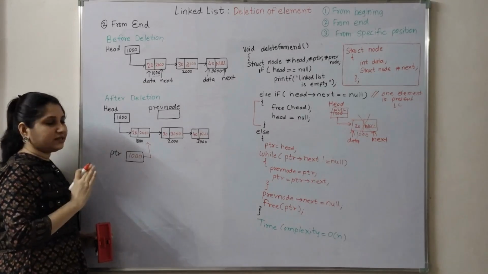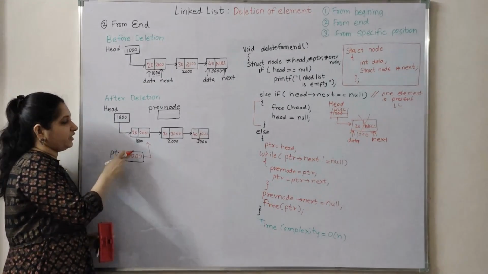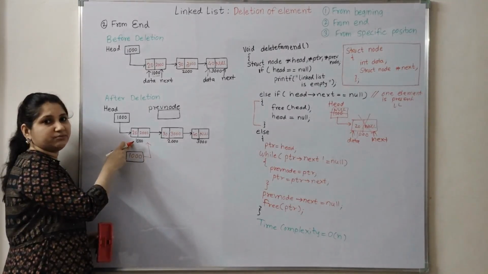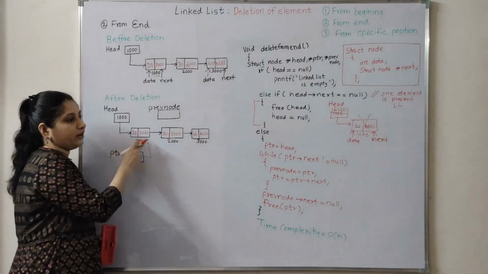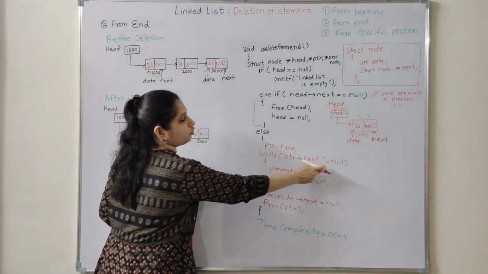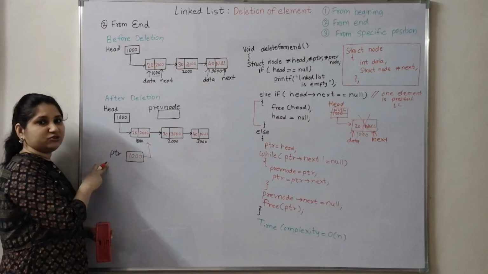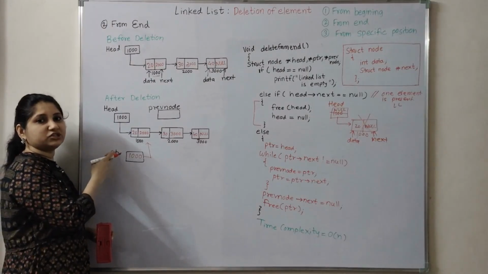Now what is the value of pointer? 1000. So we are pointing to memory location 1000, and we check while pointer of next is not equal to NULL. Yes, this condition is true.